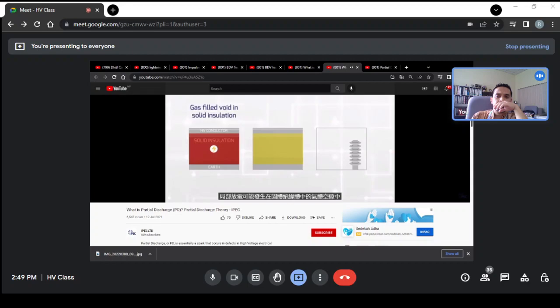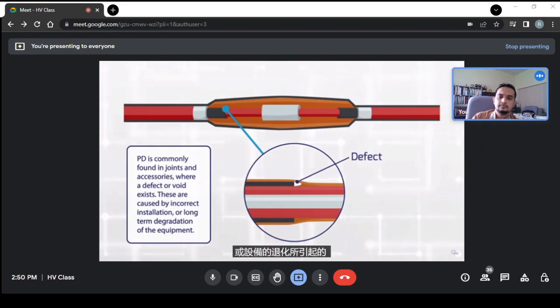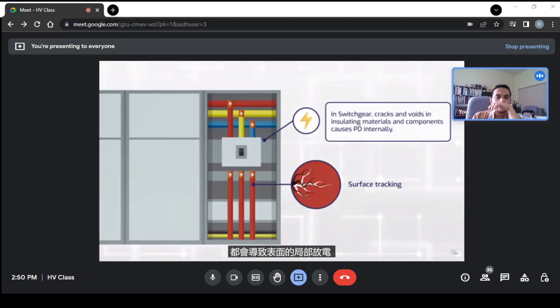In high-voltage cable systems, PD is commonly found in joints and accessories, where a defect or void exists. These are caused by incorrect installation or long-term degradation of the equipment. In switchgear, cracks and voids in insulating materials and components cause PD internally. Contamination on the outer surfaces or incorrect installation of insulators, bushings and terminations will cause surface PD.